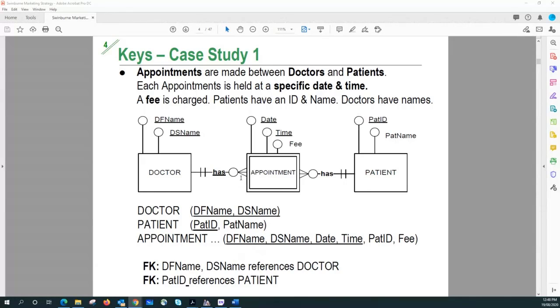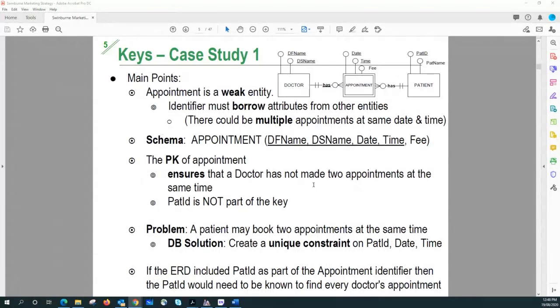Okay, but remember we had two foreign keys, right? So the doctor's first name and doctor's surname are a foreign key, as well as patient ID. All right. So what are the key points in here? As I mentioned before, appointment is a weak entity, because we need to expand the many-to-many relationship with a weak entity called appointment.